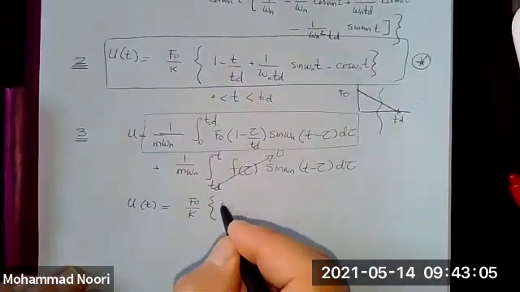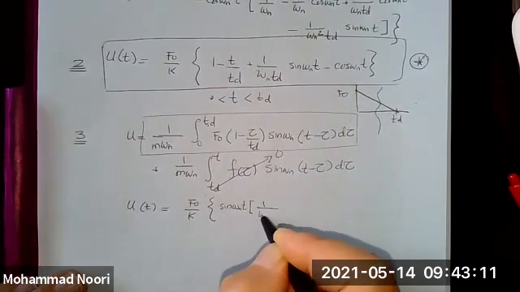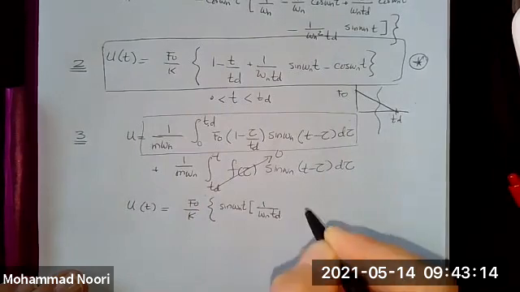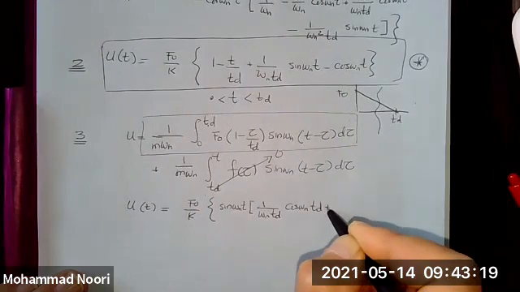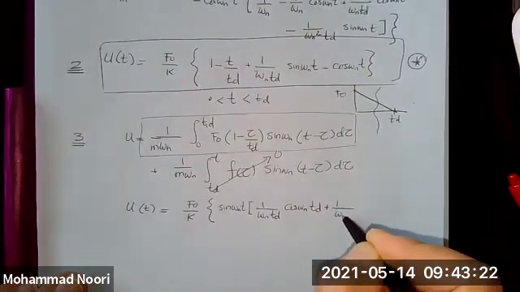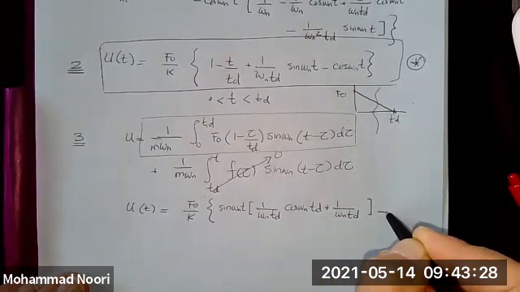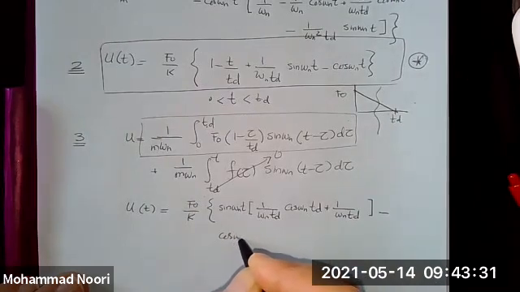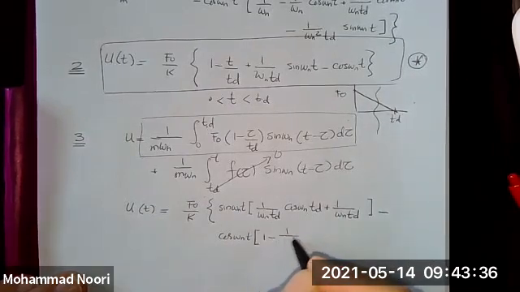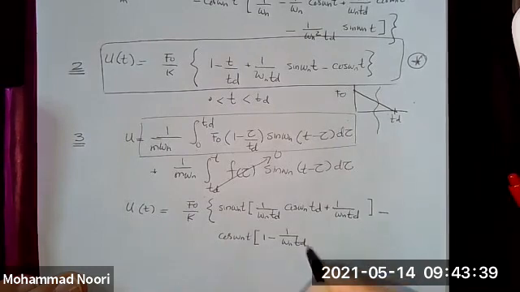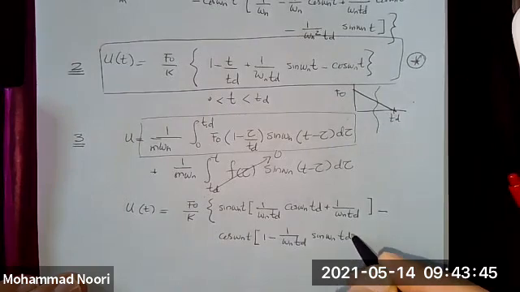So this is what you get: sine of omega n t times 1 over omega n t d cosine omega n t d plus 1 over omega n t d, minus cosine omega n t times 1 minus 1 over omega n t d sine omega n t d.